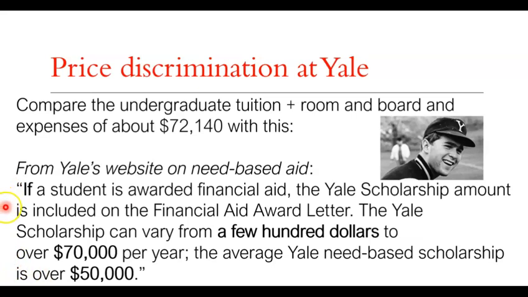And according to the Yale website, that scholarship can vary from a few $100s to over $70,000 per year. Well, this is just a way of saying that everybody can be effectively given a different discount from this very high price. And so different people are being charged different amounts. They claim that the average scholarship is over $50,000.